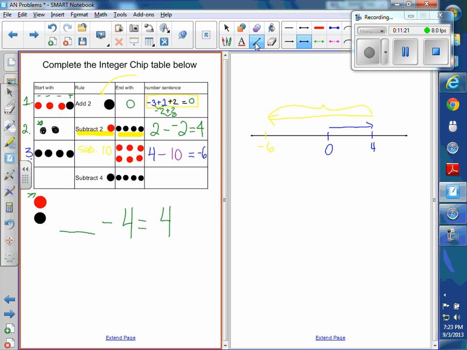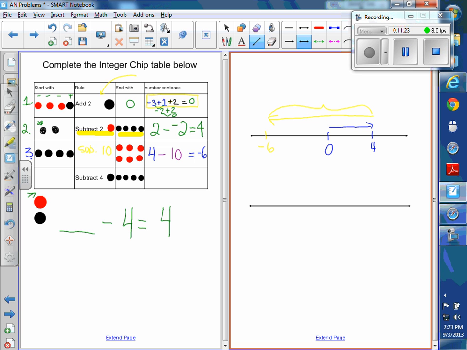So if you like the number line approach, you don't know where you start, but you do know that you end up at 4, and you had to do a subtraction problem to get there, which means we had to come back 4. Well, if we came back 4 units, they must have been at 8, which means we started at 8.